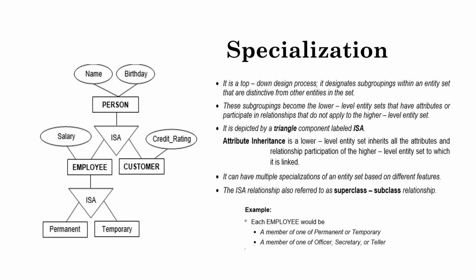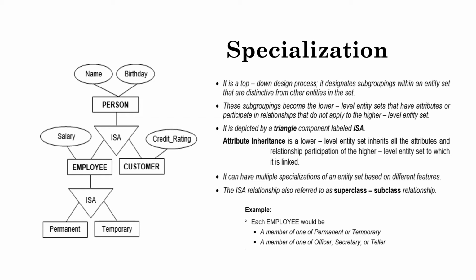For example, we have the person entity consisting of different attributes such as name and birthday. This would be specialization, wherein a particular entity set gets divided into sub-entities on the basis of its characteristics.